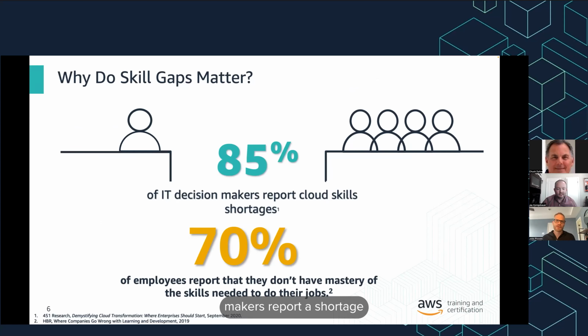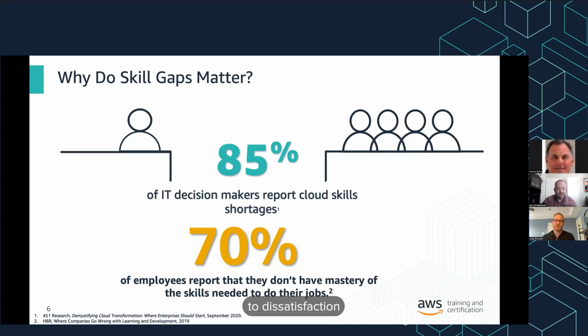85% of IT decision makers report a shortage in terms of cloud skills across teams. That may be because of lack of familiarity with new services that are always being deployed and the innovations that AWS is coming out with, or existing shortfalls in understanding the complexity of combining resources and IT capabilities within your firm. 70% of employees report that they also don't have the mastery of the skills they need to do their job.